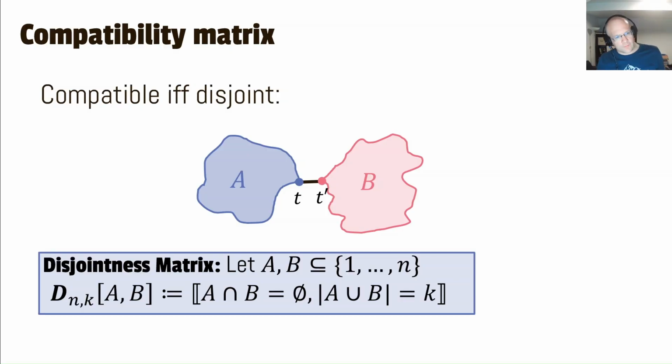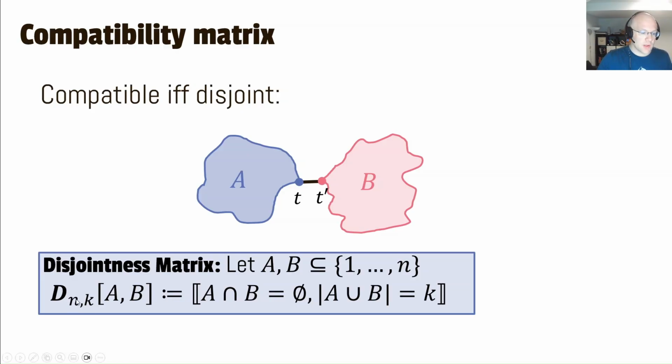So if you would think of the compatibility matrix of this situation, and the compatibility matrix in general is a matrix where the rows and columns are indexed by partial solutions, and you put a 1 there if the two partial solutions are compatible. In this scenario, it's some kind of disjointness matrix.